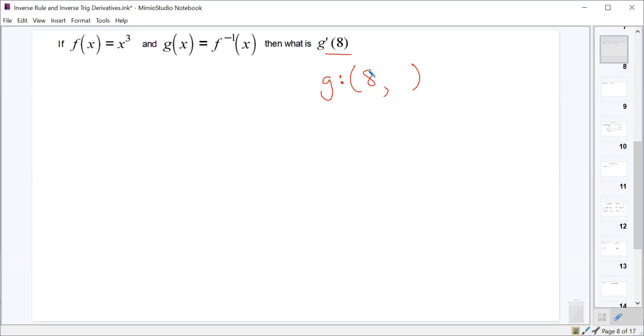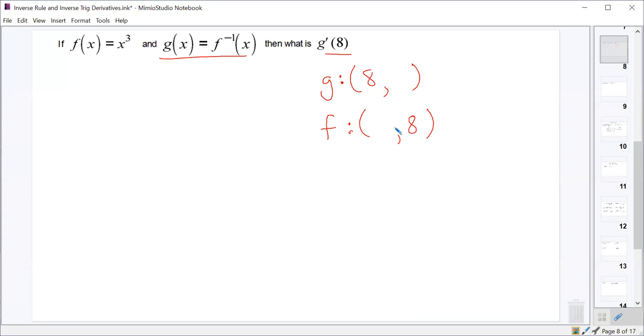That's not all that tells you. And if we're looking for g prime of 8, g better have a point where x is 8. Yes. So since g and f are inverses, what does that tell you about f? It must have a point where the y value is 8. Where the y value is 8, exactly.